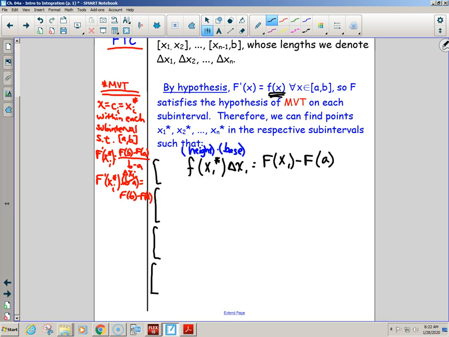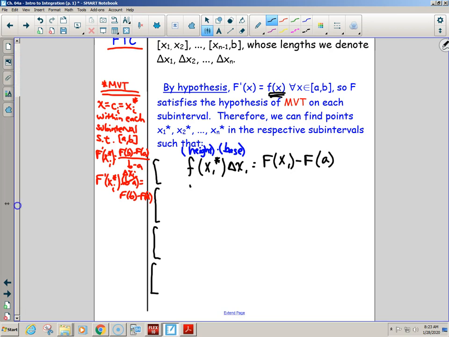It's not necessarily the left, not necessarily the right, not necessarily the midpoint, not necessarily the random weird one that AP gives you in a table that you have to use. But a base times the height, an area of a rectangle, is going to equal the change in antiderivatives of each of those little baby pieces on that first subinterval. Okay, so that's a rectangle equals a subtraction.